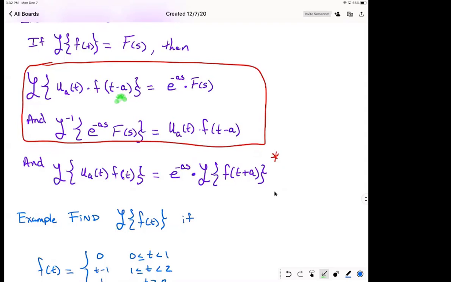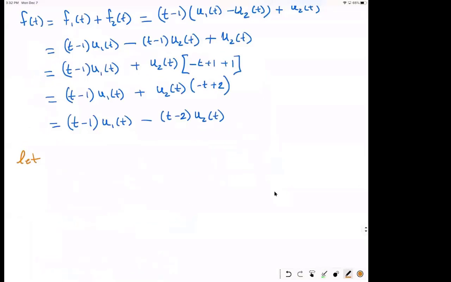If I wrote this out formally, I would say let's say g, we can choose any function we want, let g of t equal t. Then I would have g of t minus 1 equals t minus 1.